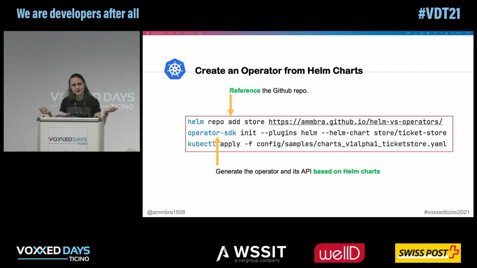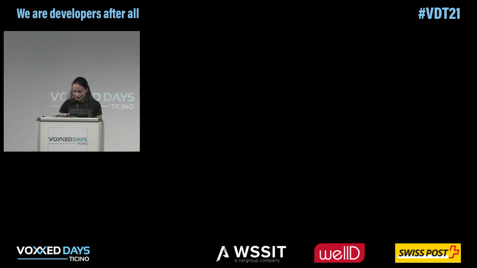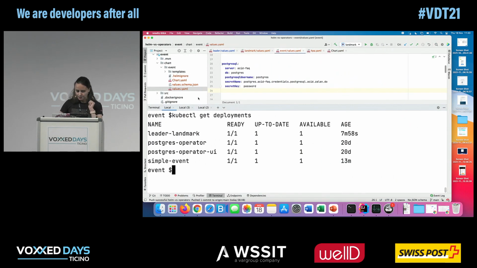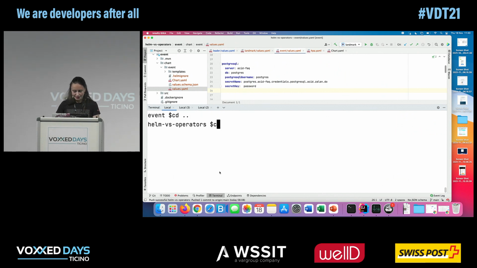And afterwards, you can just install your operator and apply a sample, because thanks to Operator SDK init, you also get a sample to install. And going back here, clear, cd ticket store operator.